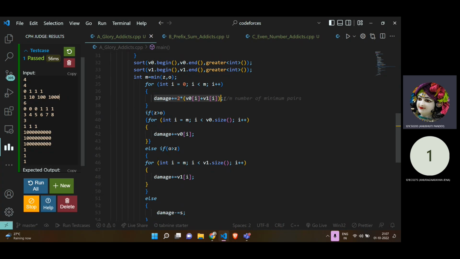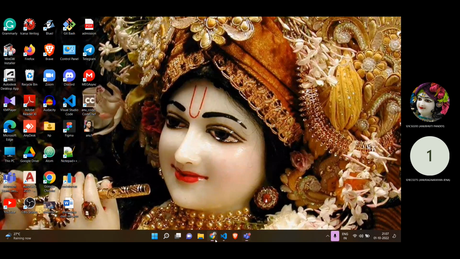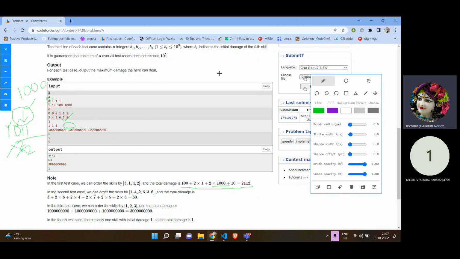I hope this part is clear, because we need the maximum number of pairs. So the maximum will come if we take it from the array sorted in descending order. Here 1000 will be the first element, and then it will be 100 and 10. So first you will get 1000, then 100, and then 10.